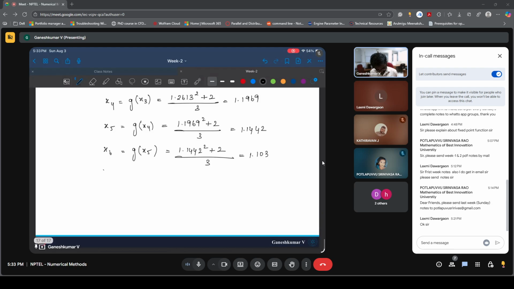I guess it is around 1. So the next one is 1.103 square plus 2 divided by 3.